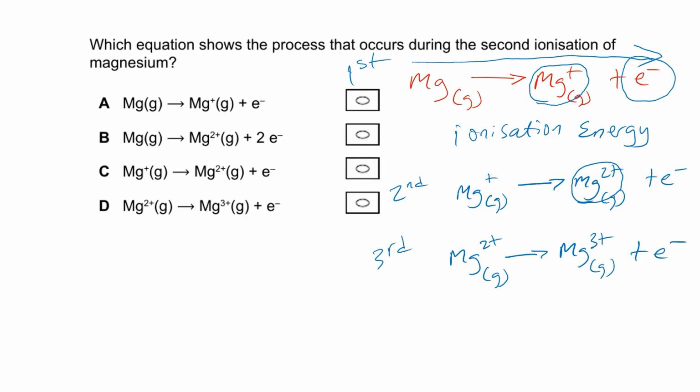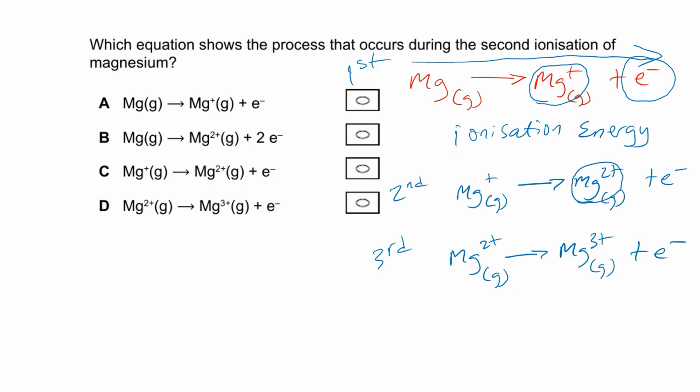So now I'm going to leave you with a clue on how to answer questions based on equations, that is first, second or third ionization. It's easy, right? First look at the right side. If you're asked to show which of them is the second ionization energy, look at the right side. The one that has plus 2 shows that this is the second ionization equation.